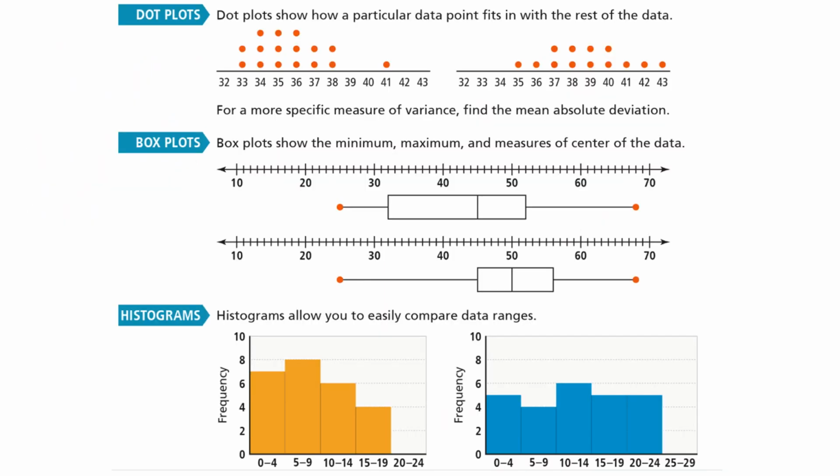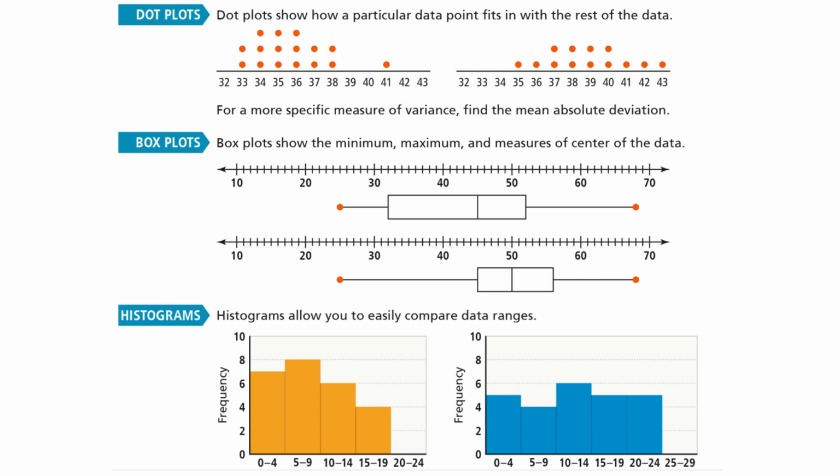So to review, we can look at the different plots, and different plots show us different things. Remember that dot plots show us the actual data points, so we can see the data, we can see if there's gaps in the data, we can see outliers, we can see peaks, and then we can also find means, and we can find that mean absolute deviation.